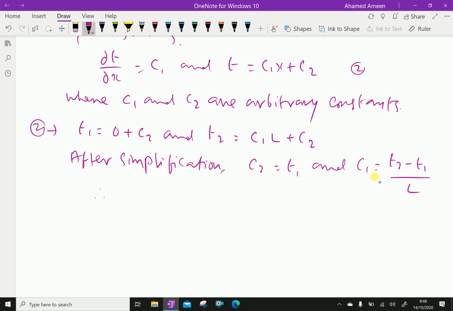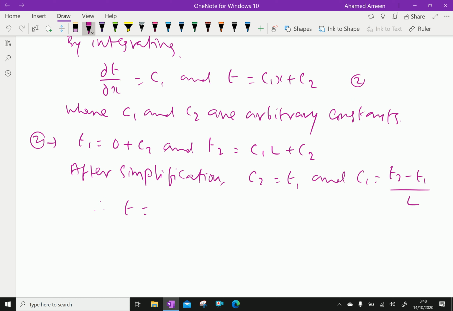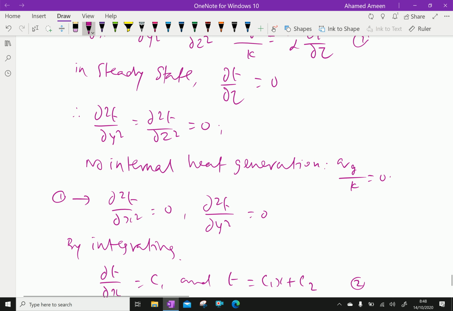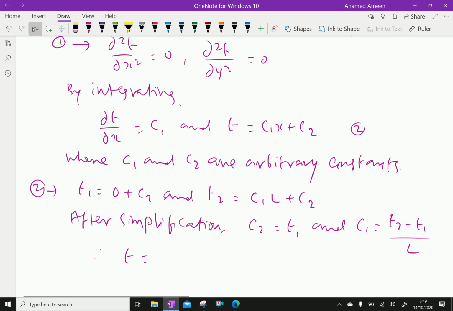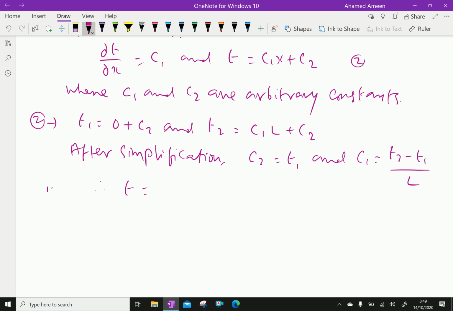Therefore, the equation reduces to T equals T2 minus T1 by L into x plus T1.